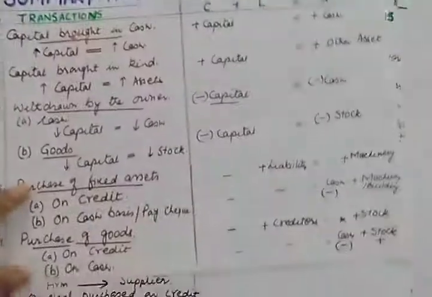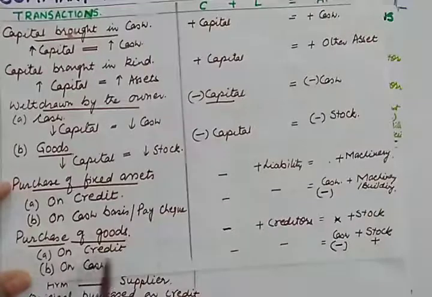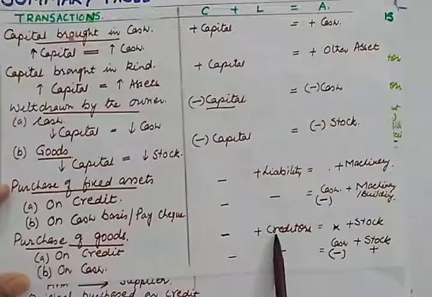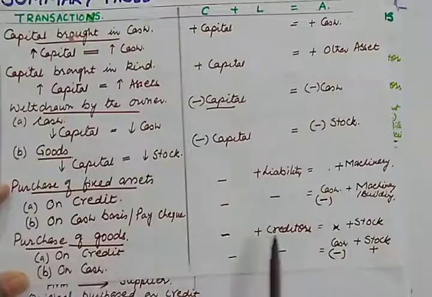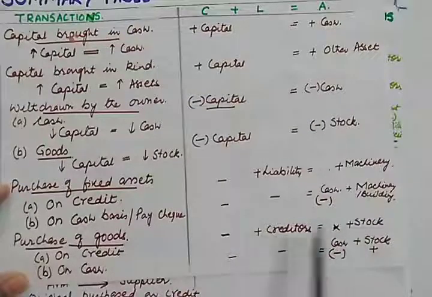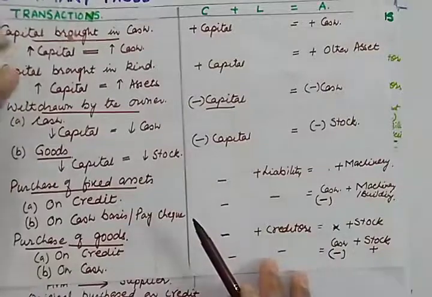It means we are talking about this transaction, purchase of goods on credit. Creditor will increase and stock will increase. So what will happen in case of credit purchase return? Both will decrease. So let us do that.